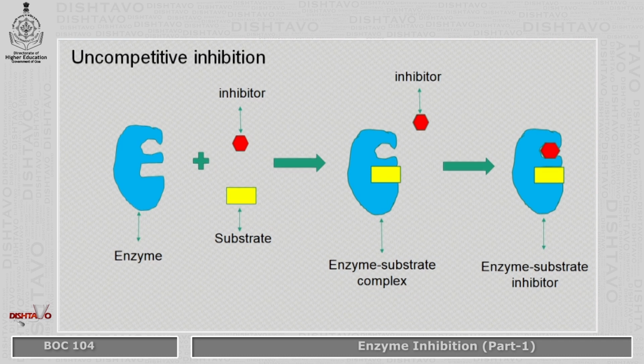Here what is important is inhibitor alone cannot bind to the enzyme, but it will bind only to the enzyme substrate complex and then it is going to make the enzyme non-functional, inactive, so the catalytic reaction does not take place. So, in all the three types of reversible inhibition, the first is competitive, second is non-competitive and the third is uncompetitive inhibition.